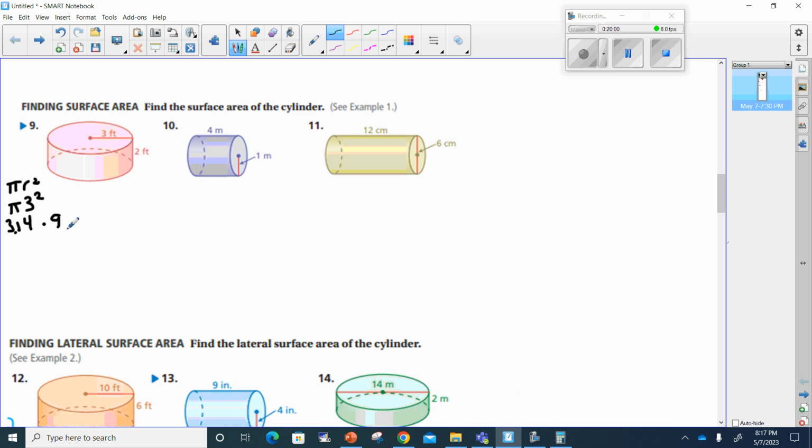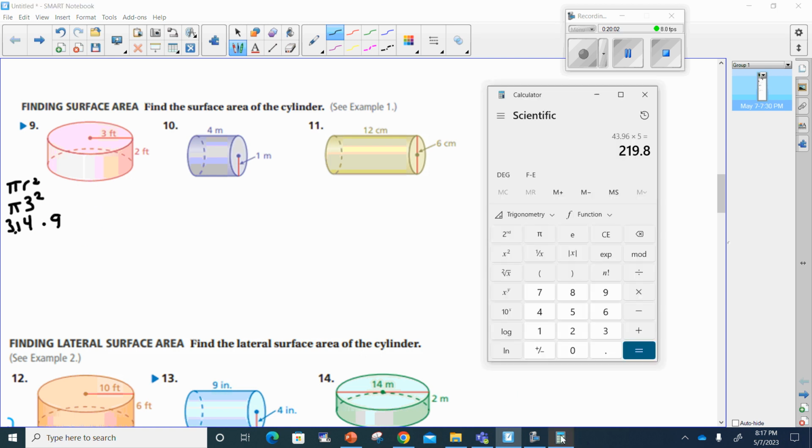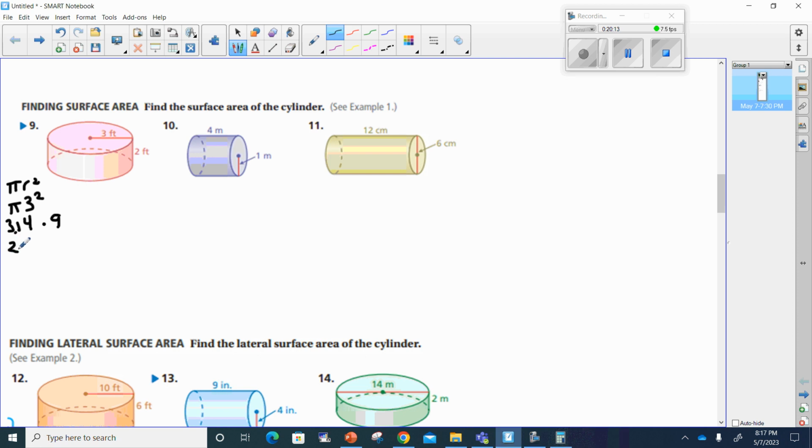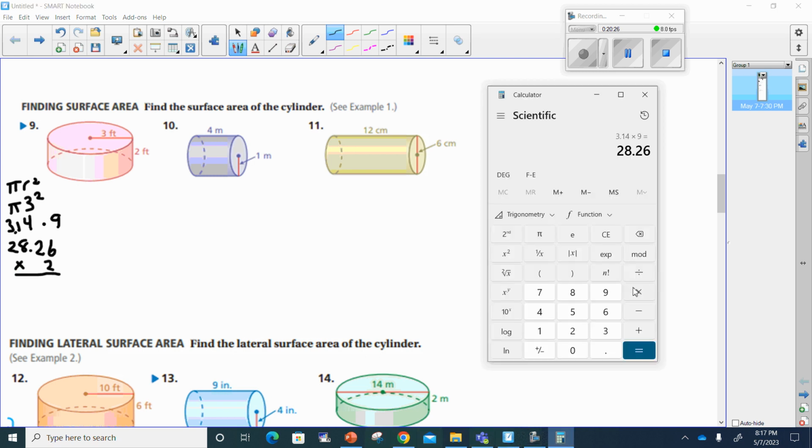Now I simply multiply these together. 3.14 times 9, that's going to equal 28.26. I remember that there's two circles, so I'm going to multiply this by 2. That'll give me the total area of the circles, 56.52.